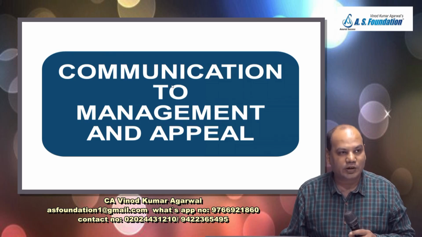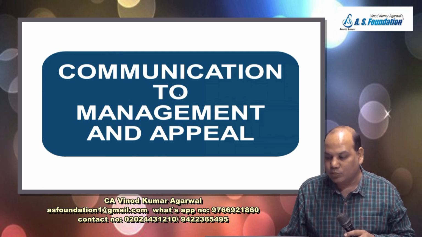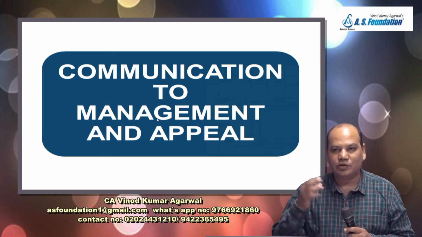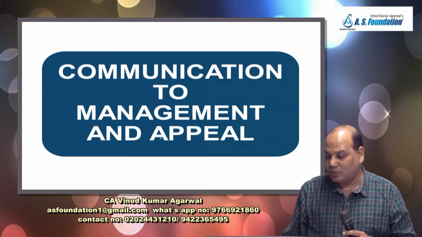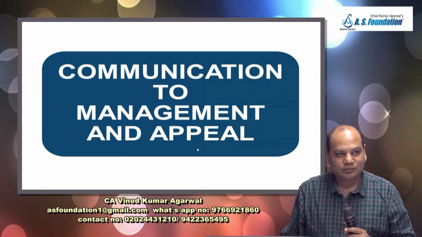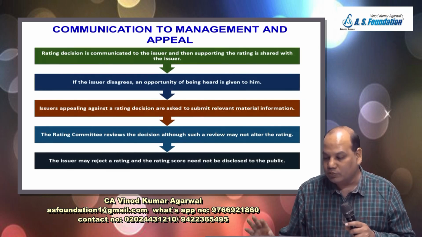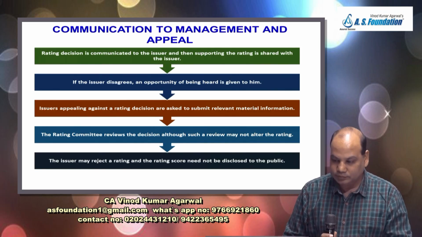Now what the rating agency do, rating committee will do, they will make a communication to the management first. In our opinion, this is the rating of this instrument. But at the same time, the management has a right to appeal. They'll say, no, we do not agree with your rating. So what we will do? So there are 5 steps involved here. See the step number 1.